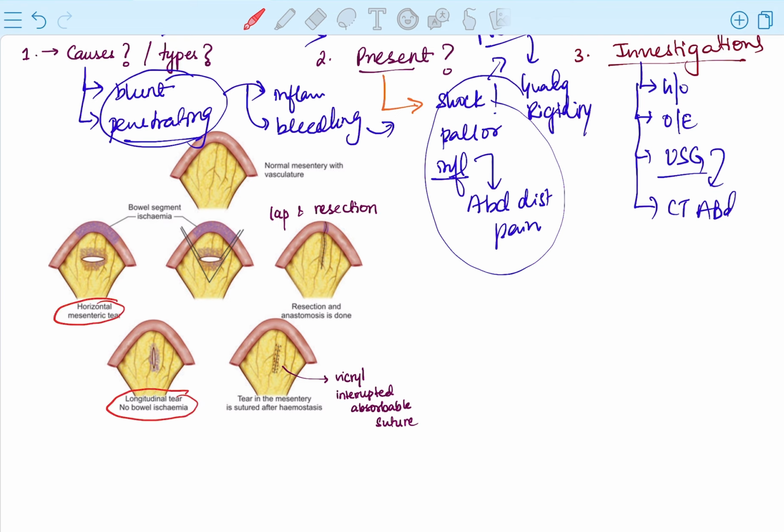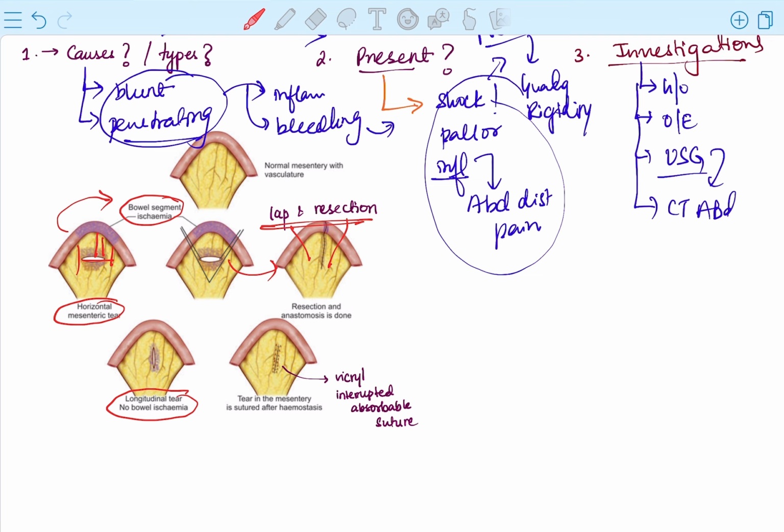As you can see, when there is a horizontal tear, lots of blood vessels are disrupted. This leads to bowel segment ischemia, right? When there is bowel segment ischemia, in order to treat this condition, you have to do only one thing. You are going to go laparoscopically, resect the necrosed part, and then reanastomose it.